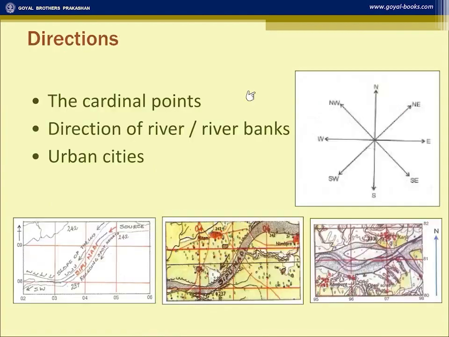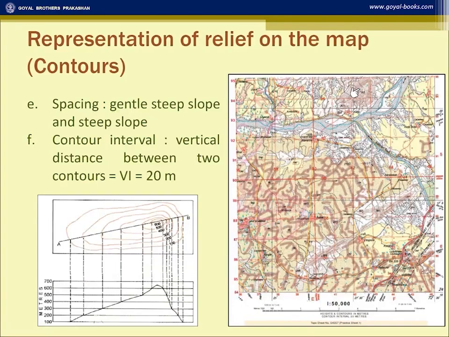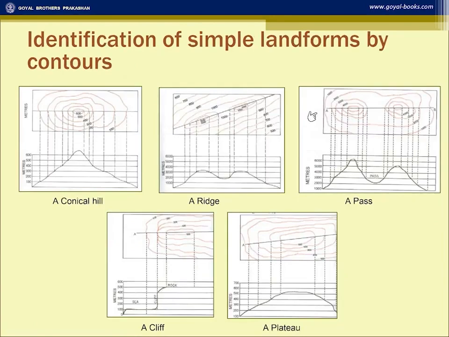It is also known as a water divide or a watershed. Here there is a pass between the two hills which is shown by the gap. This particular gap, when it is too much, it is called a pass. When it is less, it is called a col, and when it is even less, it is called a saddle. In the textbook, you will find this in detail.